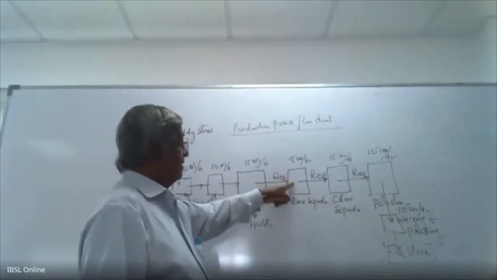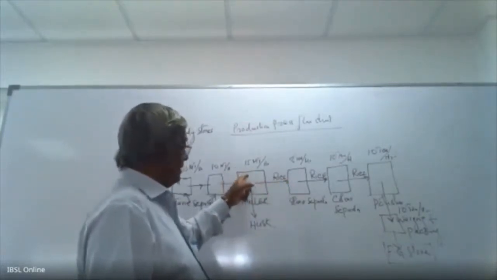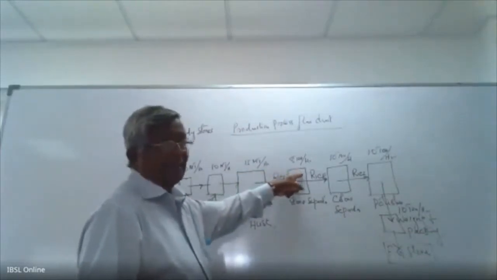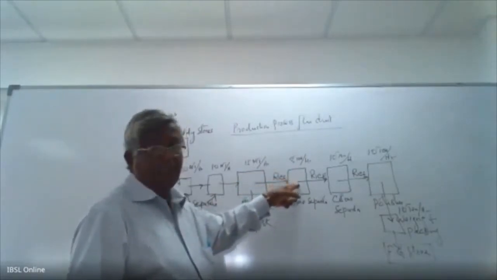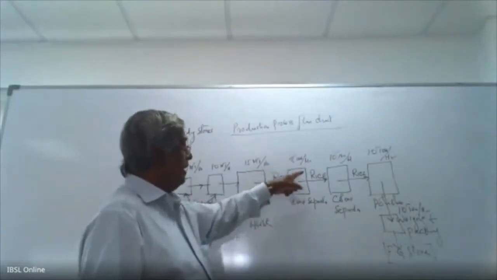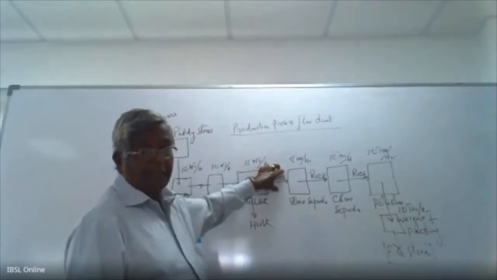What will happen? So 15 metric ton allows 10 metric ton in this process, and when it is coming, it is 8 ton. The rice won't go through entirely. This is going to be a bottleneck. So here the excess rice will get accumulated.